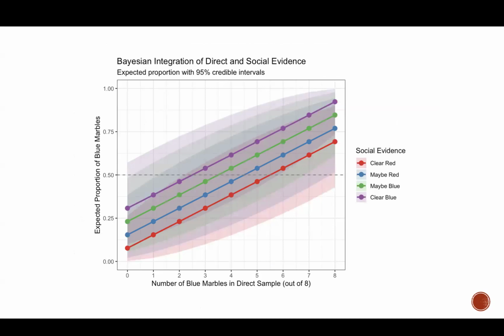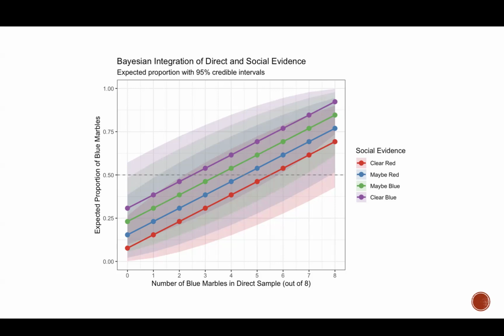Good. Here is the same data, just summed up. That is the propensity of the agent to pick blue as the next plausible marble as a function on the x-axis of the number of blue marbles in the dark sample, and in colors as an impact of what the other is saying: clear red, maybe blue, clear blue.